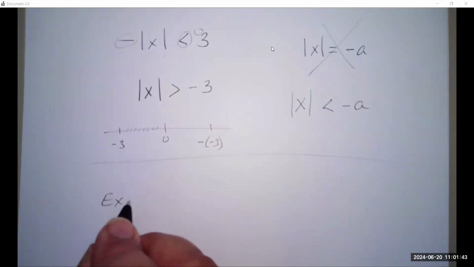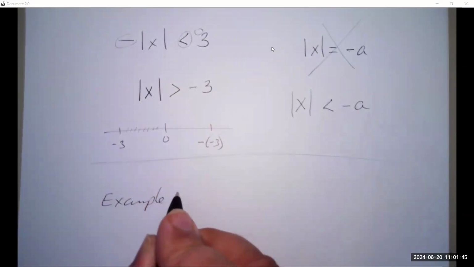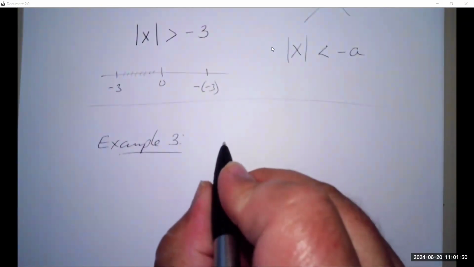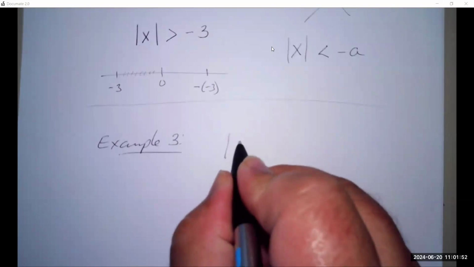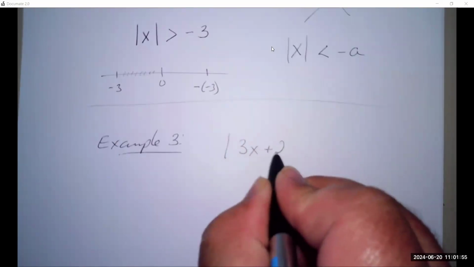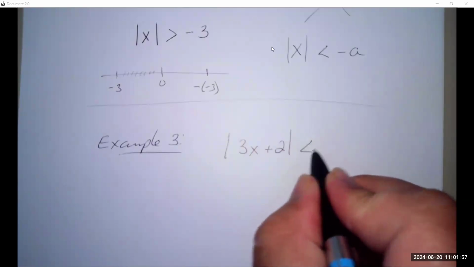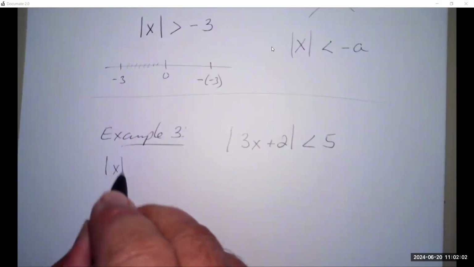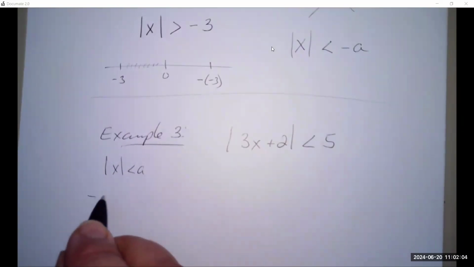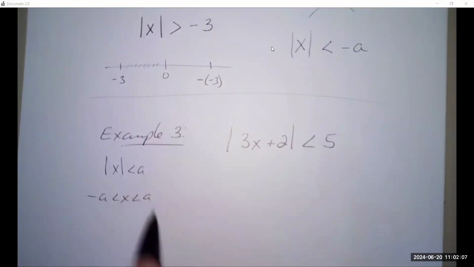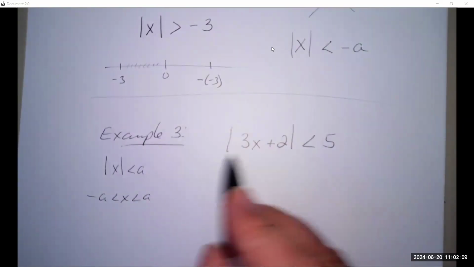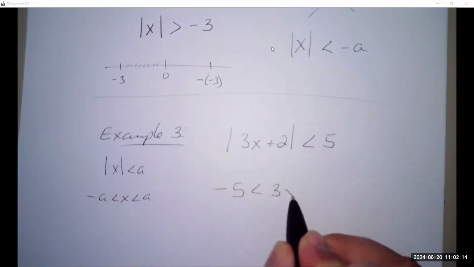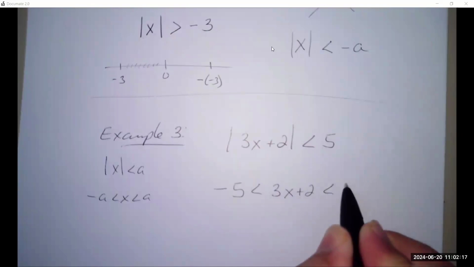So this is example 3. Three x plus 2 is less than 5. Remember, our rule said if it's less than, then it becomes... So this is isolated, so it becomes -5 less than 3x plus 2 less than 5.